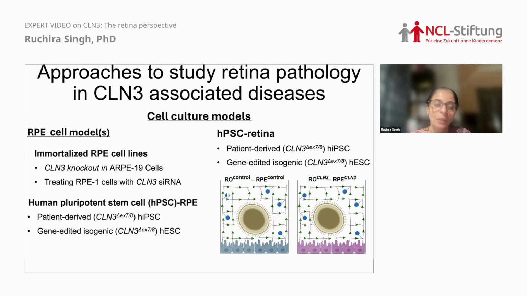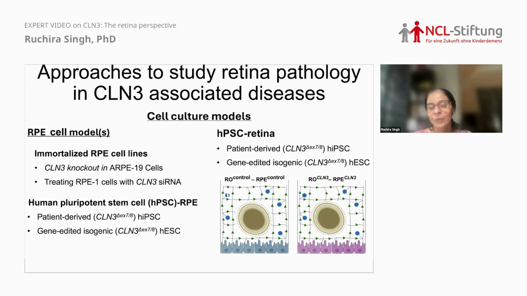So, as I said, iPSC technology has enabled the development of RPE from patients' own cells, and these are being utilized to study the disease pathobiology too. And this includes both the use of patient-derived iPSC lines that have the most common mutation, and the gene-edited isogenic line where a mutation was introduced into normal cells, so that it helps you isolate just the impact of the mutation in the absence of any other background differences.